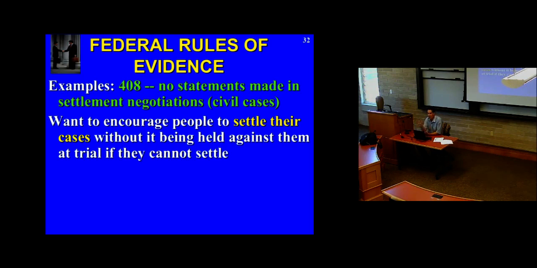And then later, if they try to use them against me, I'll say, oh, those are cloaked by Rule 408. That's not how 408 works. If it's otherwise discoverable, then you can get that other information that you might have found through reasonable discovery and investigation. What would be inadmissible is if the only evidence you were trying to use is what I admitted to during the settlement negotiation. Then that cannot be used.